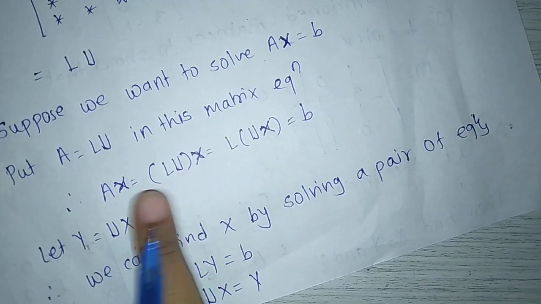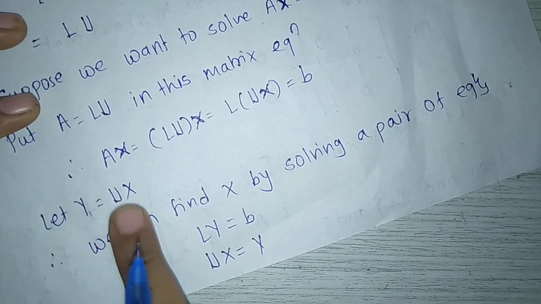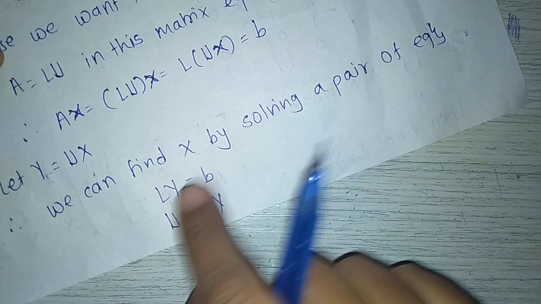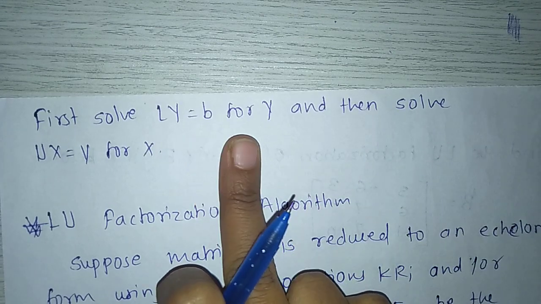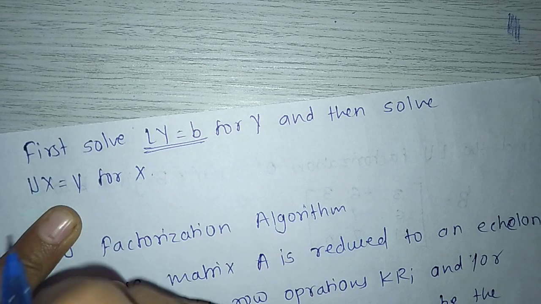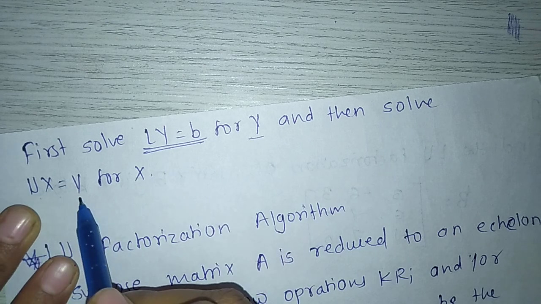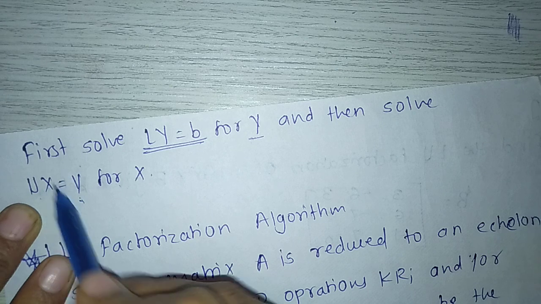Therefore A into X equal to L into U into X equal to B. Let Y equal to U into X. Therefore we can find X by solving a pair of equations, L Y equal to B, U X equal to Y. First solve L Y equal to B for Y, and then solve U X equal to Y for X, by putting the value of Y which we got here, and then find X.